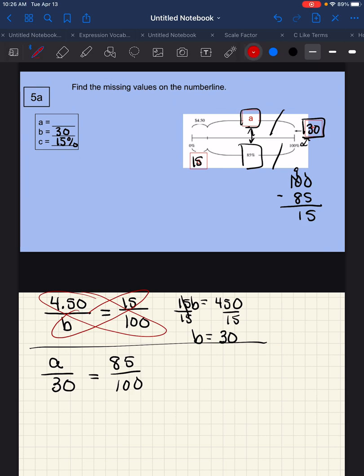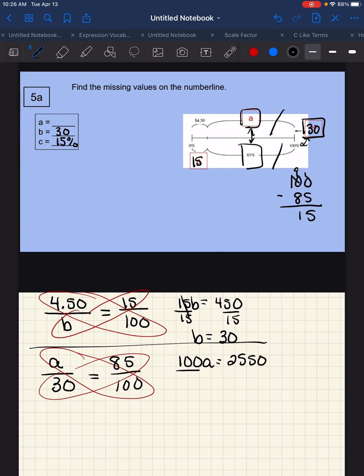Now I'm going to cross multiply A times 100 and 30 times 85. So that's 100 times A. Now 30 times 85, I don't know, is a rather large number. Again, that's where you're going to use your calculator, is 2,550.